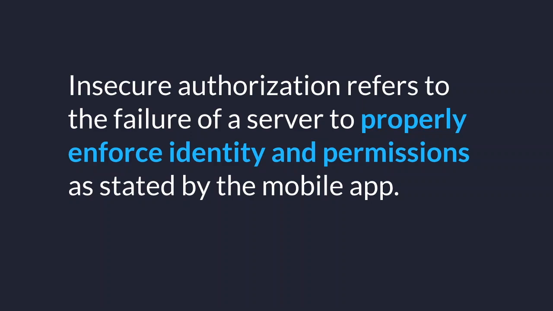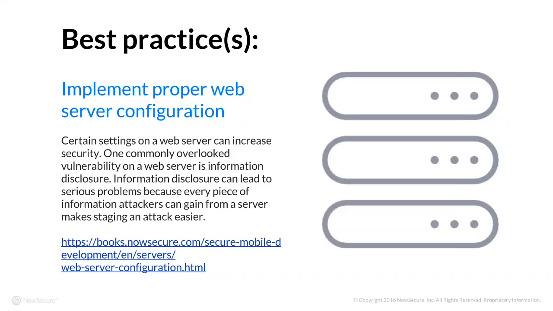This is one of a few best practices that we have listed for authorization. Whether it's properly configuring your web server to avoid information disclosure or using techniques to properly manage user sessions, this in general is an important step to securing your user and app data.